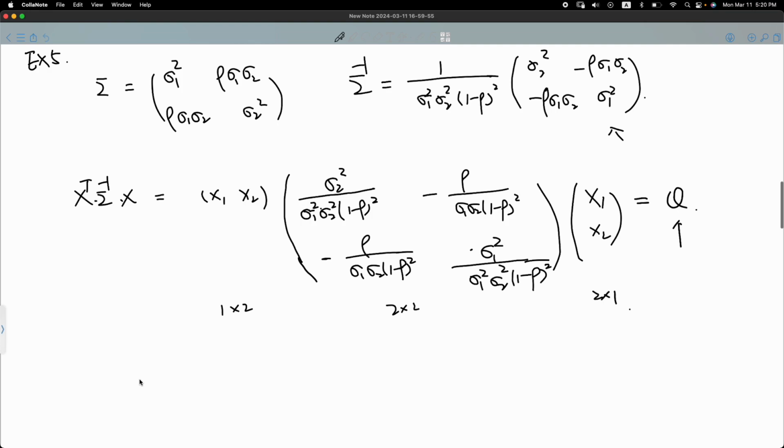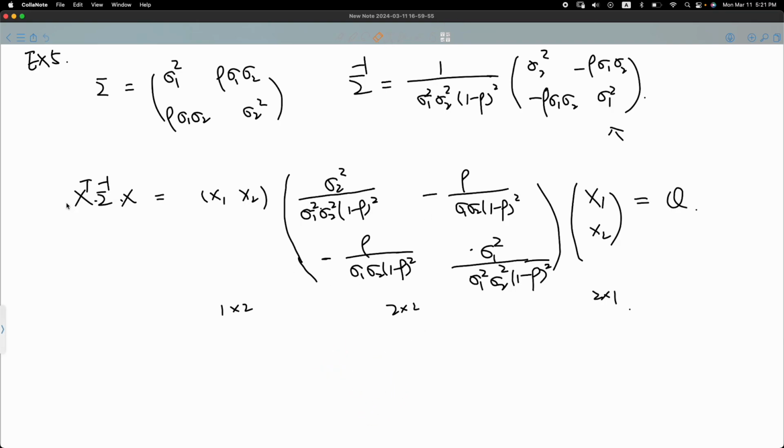Is there any question up to this point? What we did here is re-express Q in a vector matrix multiplication, similar to what we did in the first part, X transpose B multiplied by X, except that in this case B is sigma inverse.